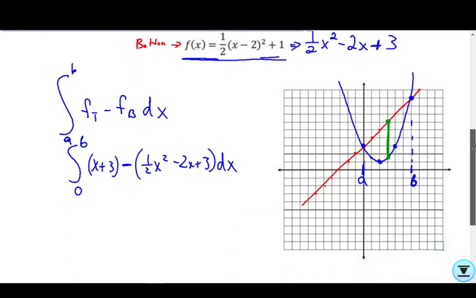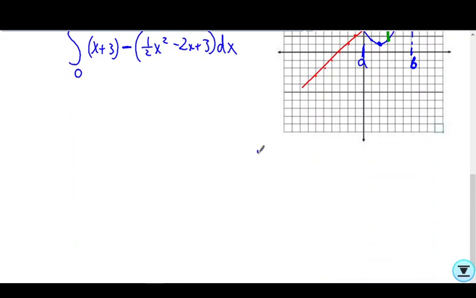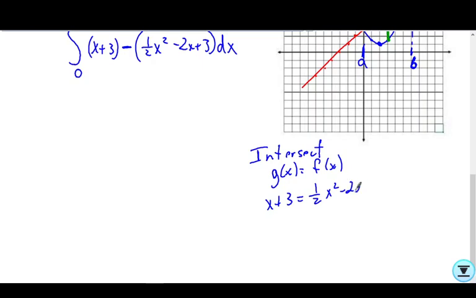Remember, to find where two functions intersect, you set them equal to each other. So you set g of x equal to f of x, and you plug in x plus 3 equals 1/2 x squared minus 2x plus 3. And you find the solutions.